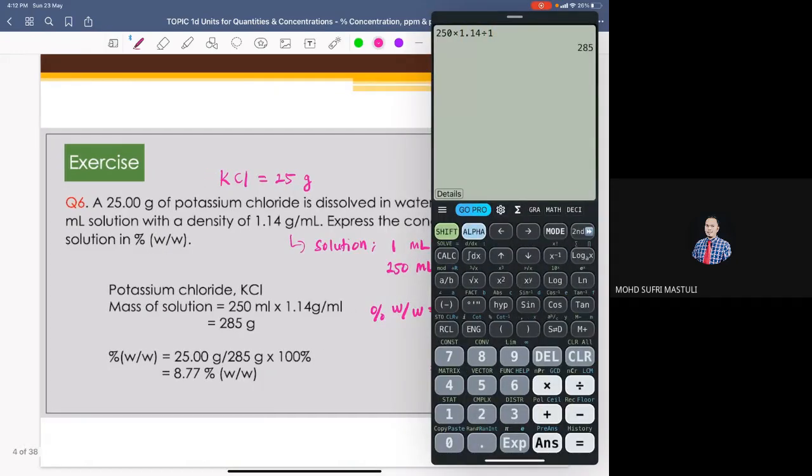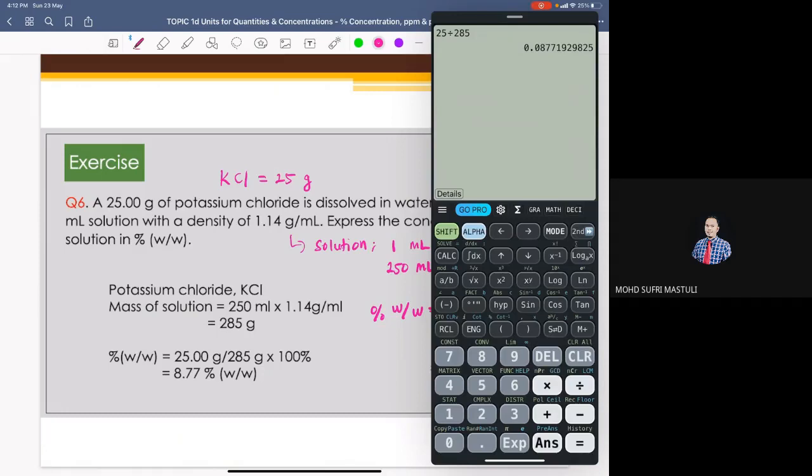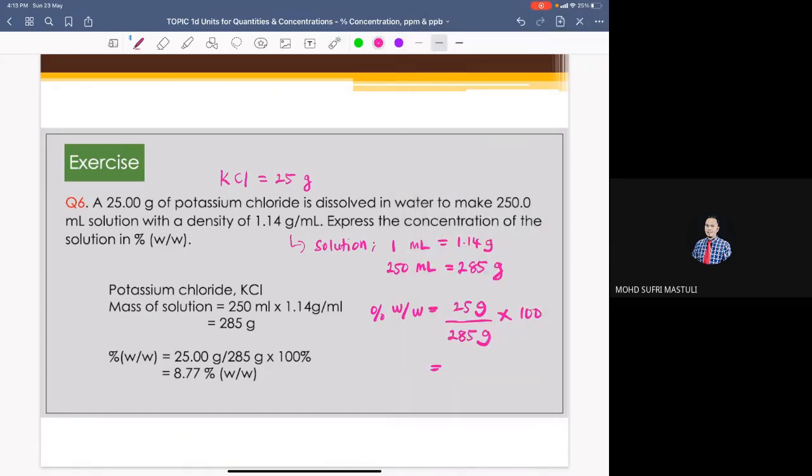Using your calculator, 25 over 285, times 100, gives 8.77%. So 8.77 percent weight per weight.